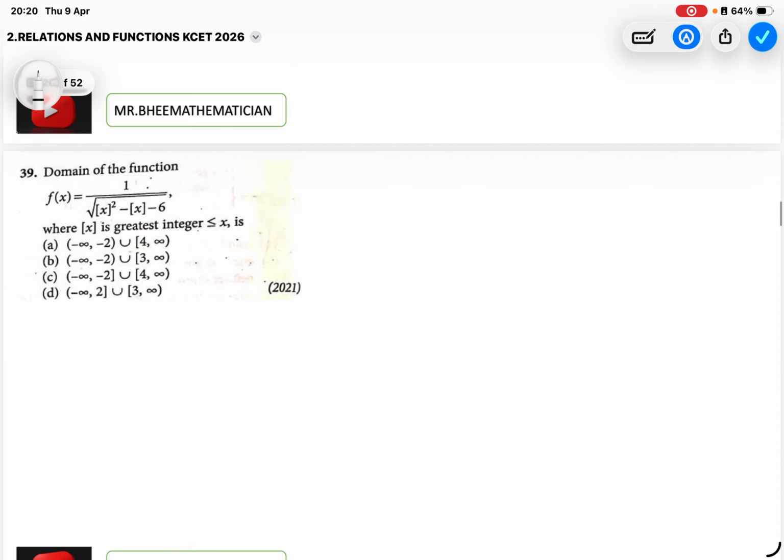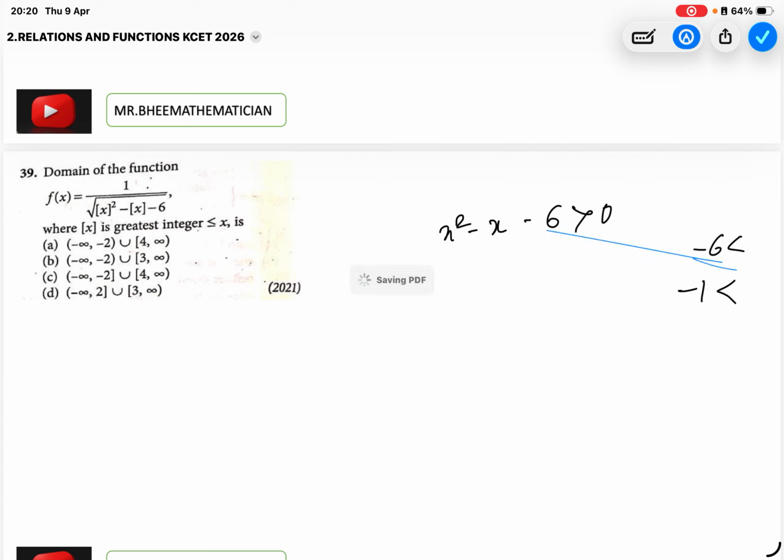And question number 39, it is in the denominator and it should be strictly greater than 0. So minus 6 has to come, and minus 1. What are those two numbers? Addition gives minus 1 and multiplication gives minus 6.